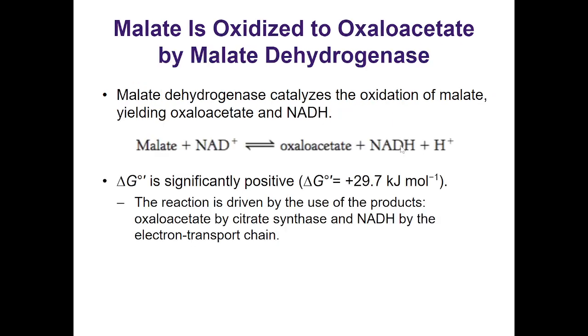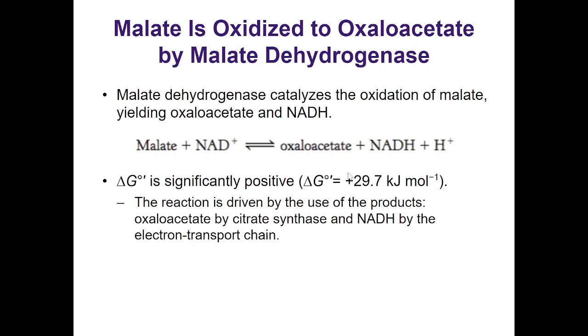The malate dehydrogenase is going to catalyze the oxidation of the malate, yielding oxaloacetate and NADH. This does have enough energy to go ahead and do the NAD plus to NADH. And by the way, the oxaloacetate being the product that we plug back into the citric acid cycle. So we've actually completed that cycle. The delta G naught prime, this is going to be significantly positive in this case.